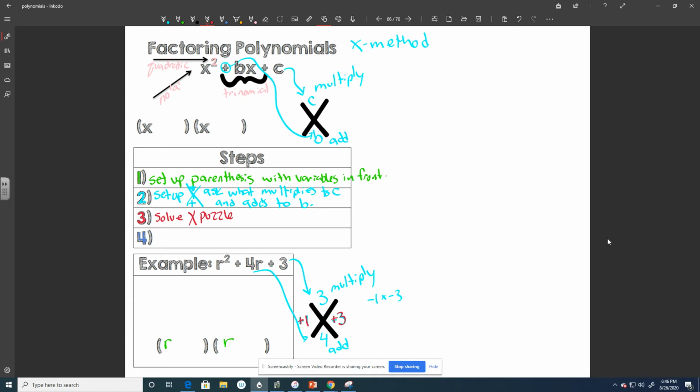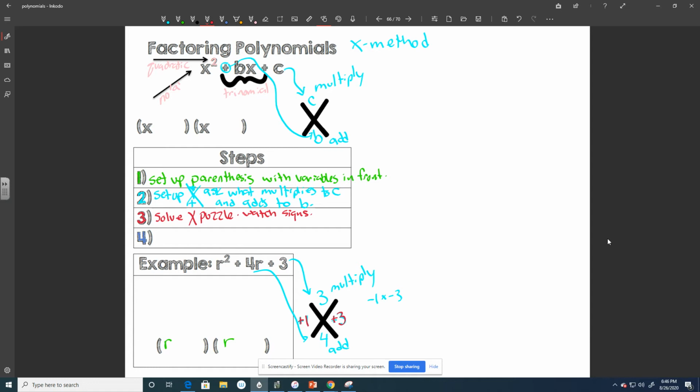So I was looking for what multiplies to 3 and adds up to 4. You've got to be really careful. A couple of hints here. You need to watch your signs, which we kind of did here, because -1 and -3 multiply to be a +3. But when you add them together, you don't get a +4, you get a negative. So you got to be careful about that.